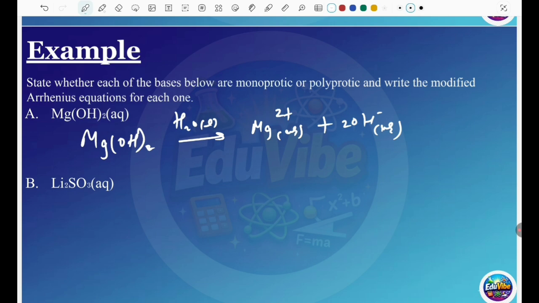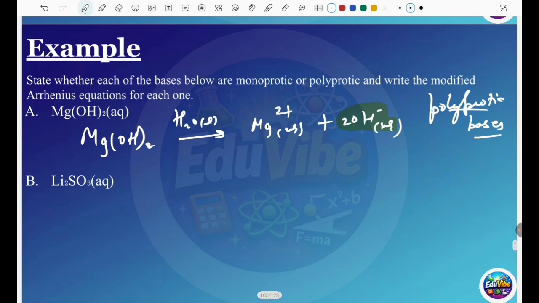But in this, you have two hydroxide ions, which means more than one hydroxide ion, so this is your polyprotic base. Don't always go by the number of reactions. If you balance this and have two hydroxide ions, this is the polyprotic base. Same with the acids, you have to take care of this too.